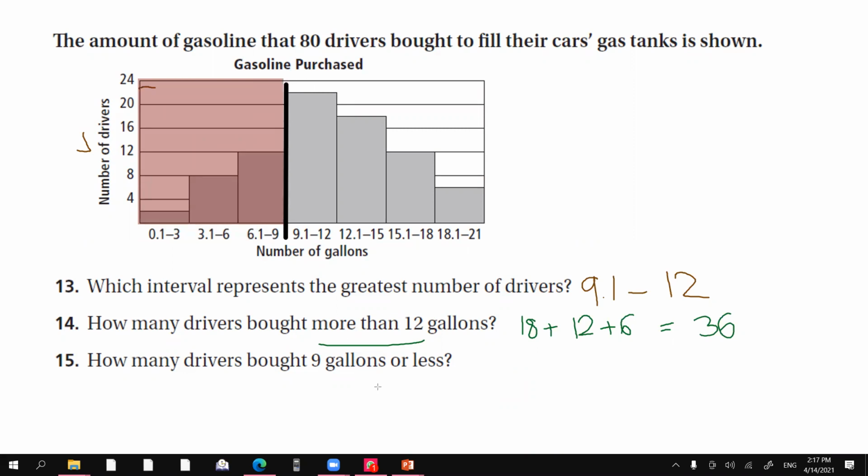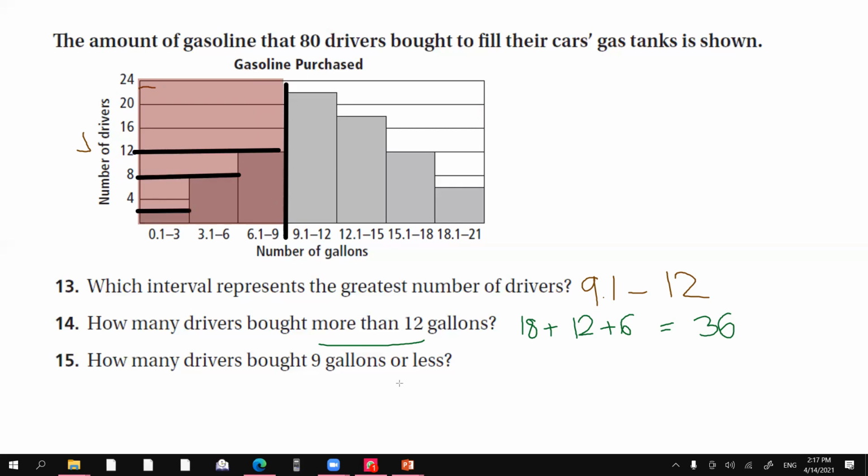How many are less than 9? We have 12 plus 8 plus, approximately 4. No, it's not 4, it's 2. It's between 4 and 0, so it is 2.